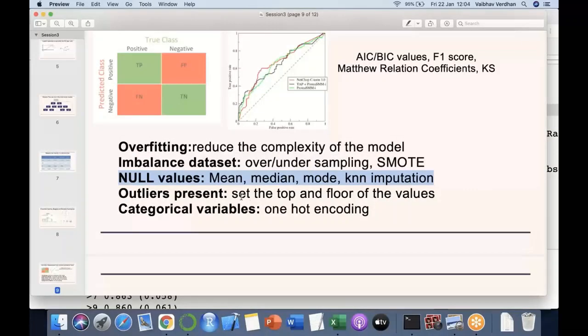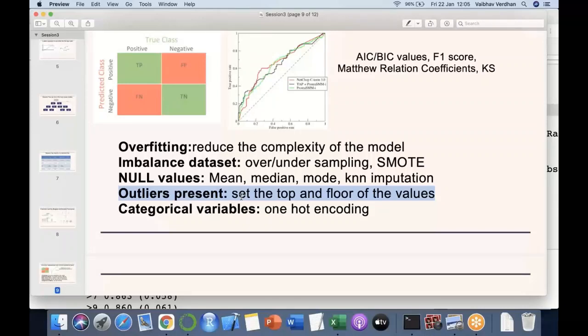The next one is the presence of outliers. Outliers, what they mean is that, let me give you an example. If you're working in a manufacturing plant, and generally the pressure of the machinery in the plant ranges from 1 to 5 bars, but one fine day it increased to 200 bars.